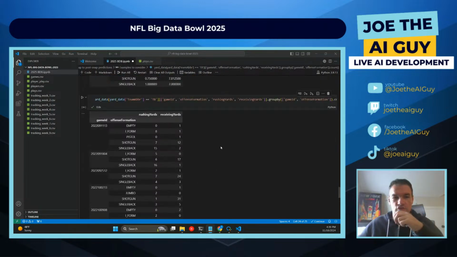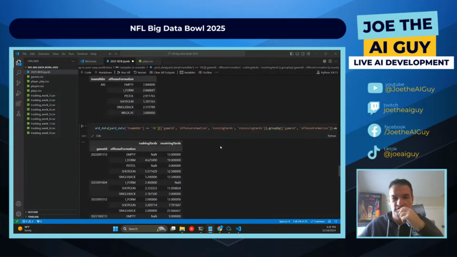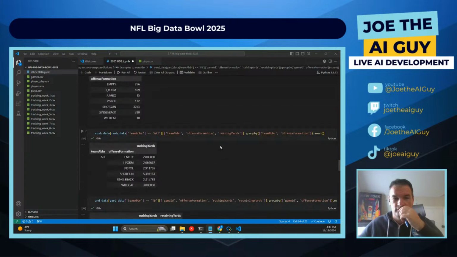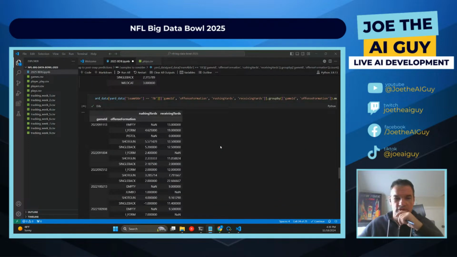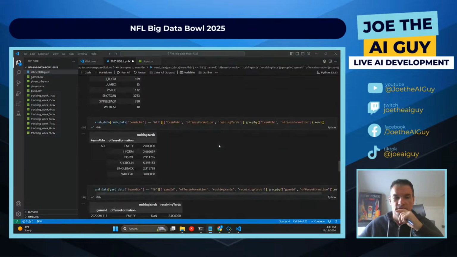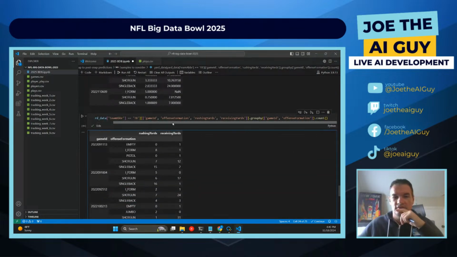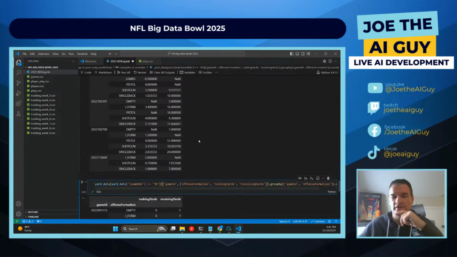I guess the next thing to do, these are all receptions. Right, but if I go to the right, okay. So we can take this and then instead of the game ID, we could break this down based on player as well.